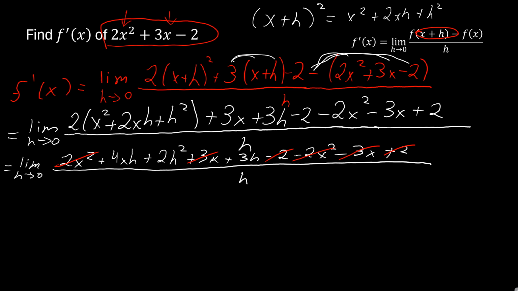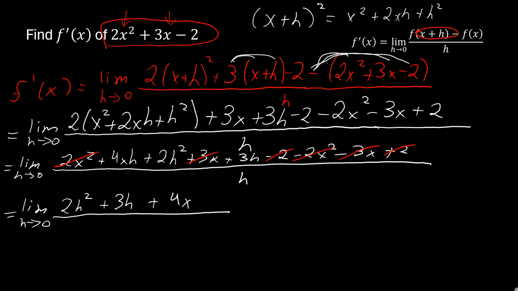So let's simplify. The limit as h approaches 0 of 2h squared plus 3h plus 4xh, all over h.